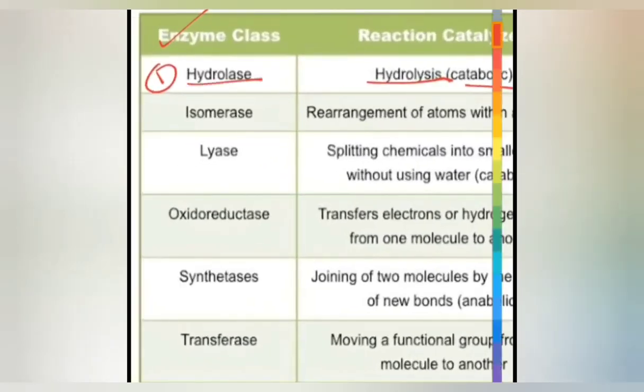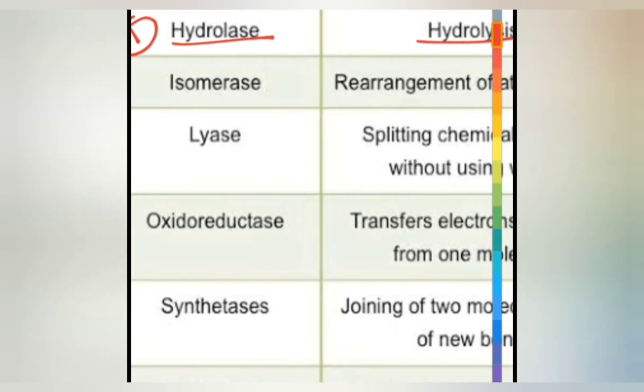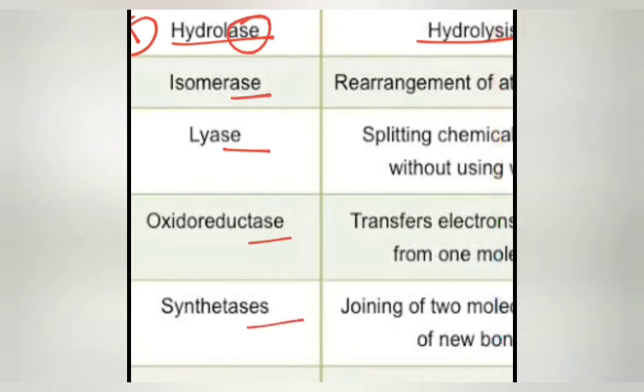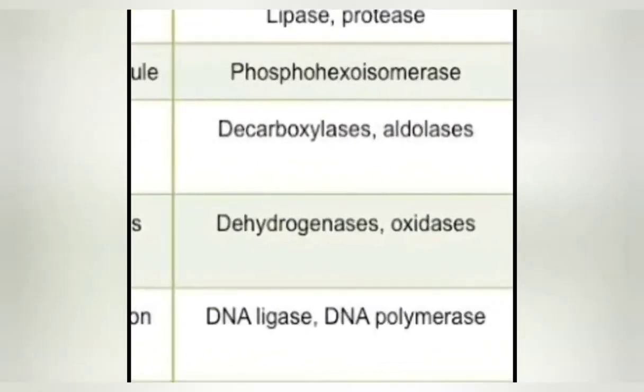Okay, before going further into this topic, I would like to tell you one thing: commonly, all the enzymes end with the suffix "ase." In the examples, you will see that protease, lipase, all have "ase" at their end.